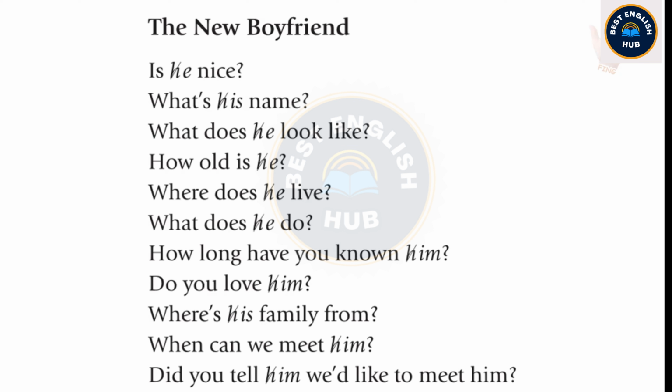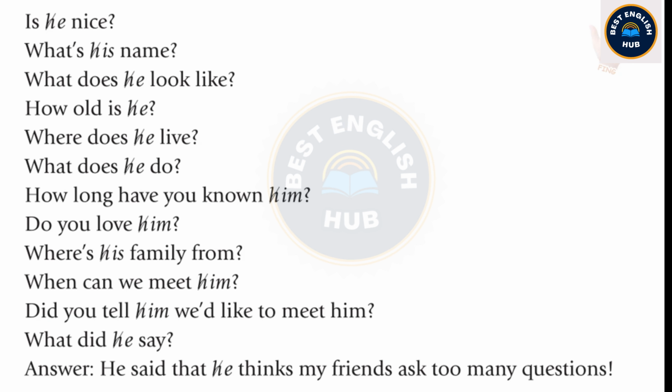How long have you known him? Do you love him? Where's his family from? When can we meet him? Did you tell him we like to meet him? What did he say? He said that he thinks my friends ask too many questions.